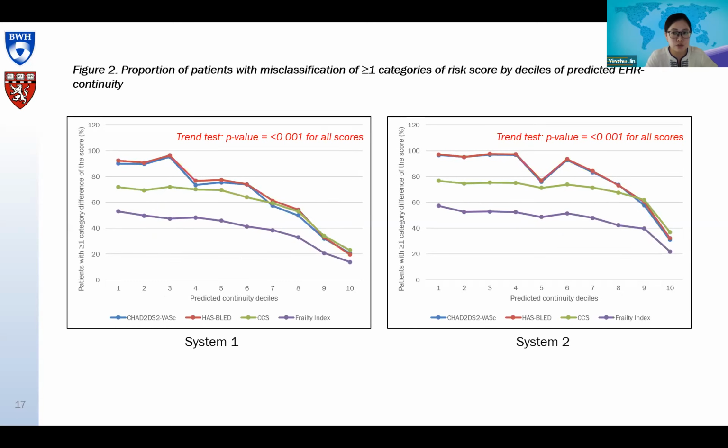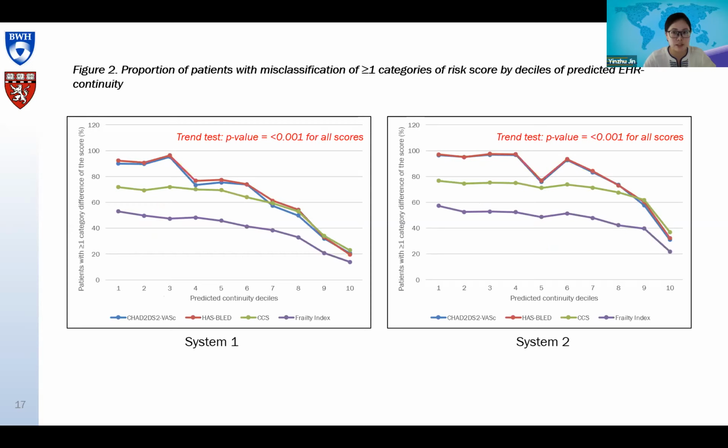This figure shows the proportion of patients with misclassification of at least 1 category of risk score by deciles of predicted EHR continuity. Again, the x-axis is the predicted EHR continuity, and the y-axis stands for the proportion of patients with at least one category of risk score misclassification.